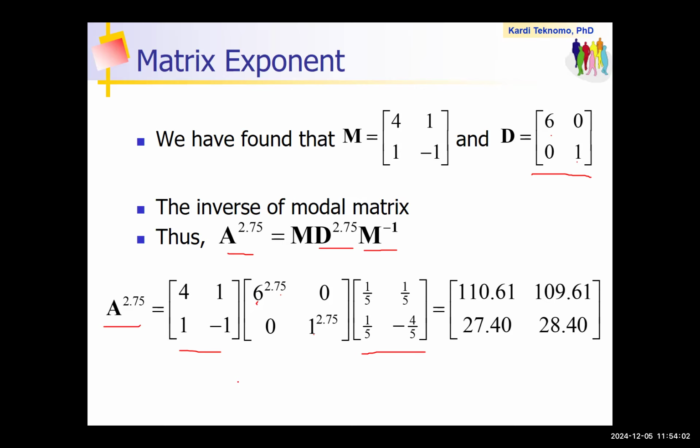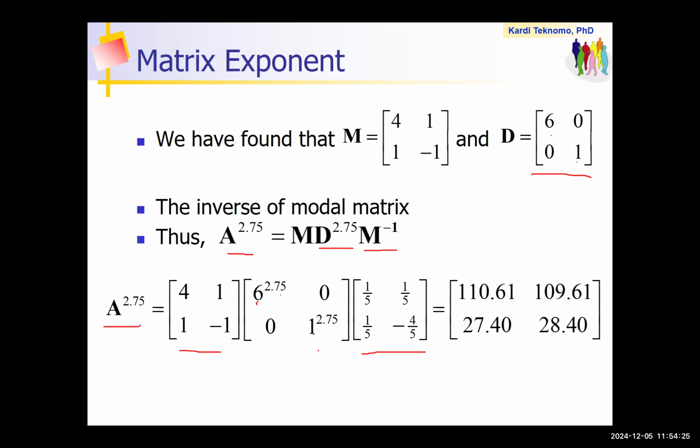Awesome. Is the application clear? You cannot multiply to get an exponent of 2.75, because exponent 2, you can multiply A by A, but 2.75, how do you do that? So this is a way to do it.